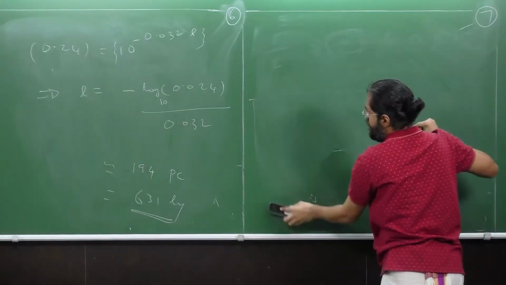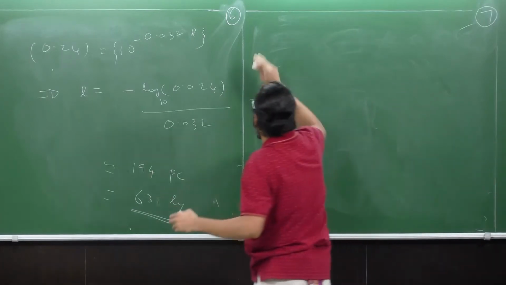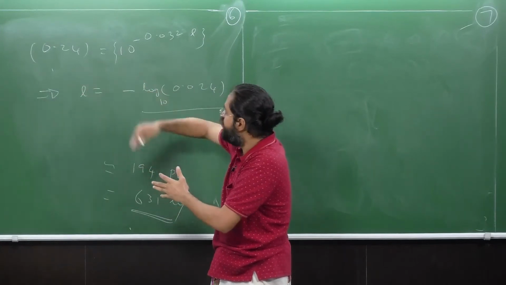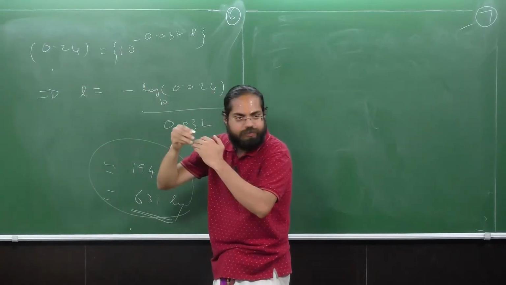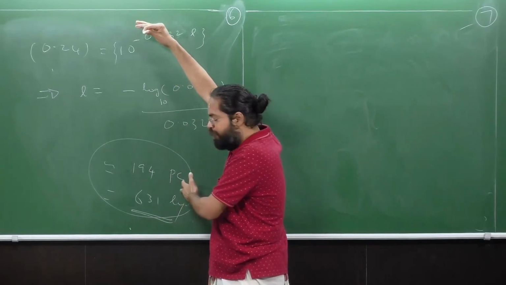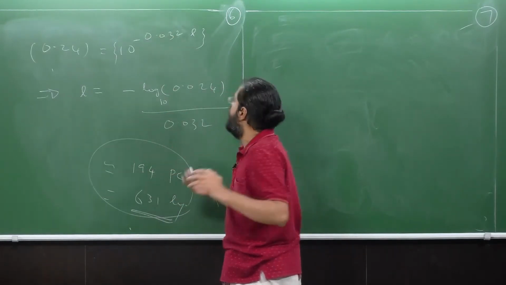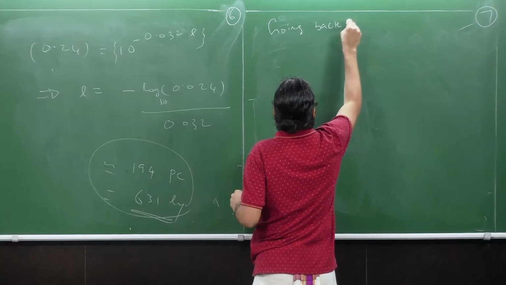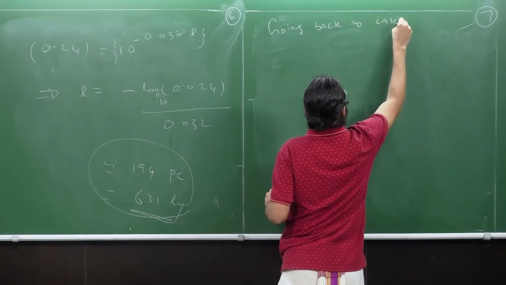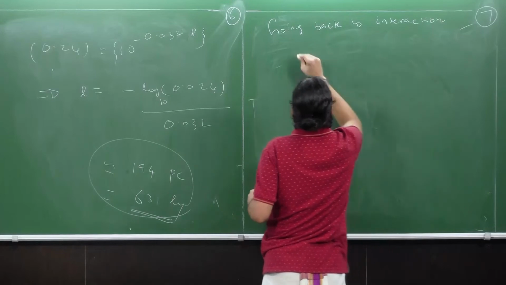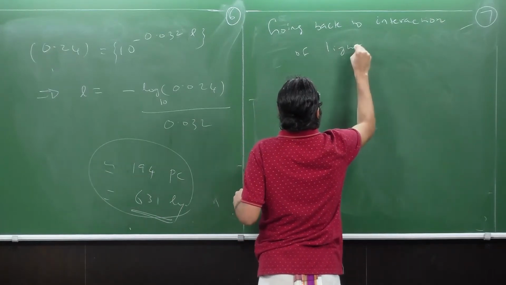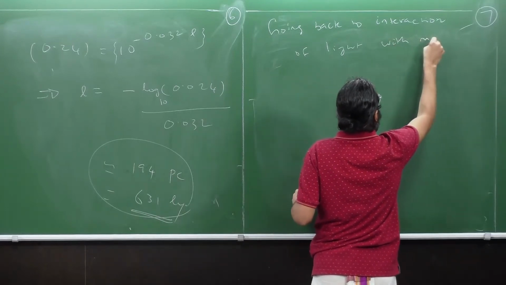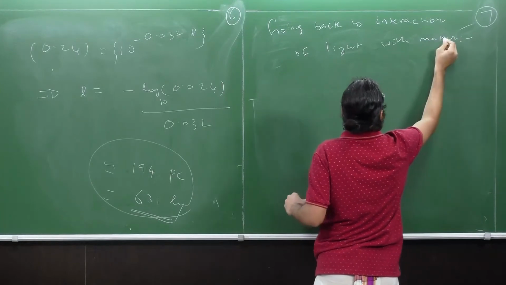After having looked into the empirical description of intensities of spectral lines, which gives us information about various parameters in space, such as the dimensions of a molecular cloud, we are now going back to the interaction of light with matter.